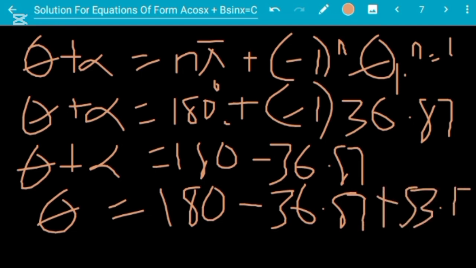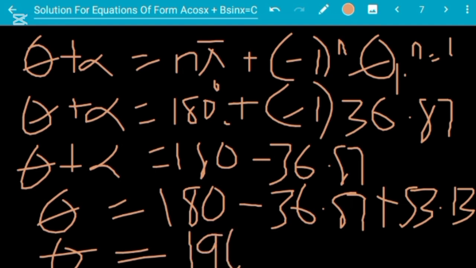Our final theta is equal to 180 minus 36.87 plus 53.13. Our answer is equal to 196.26.